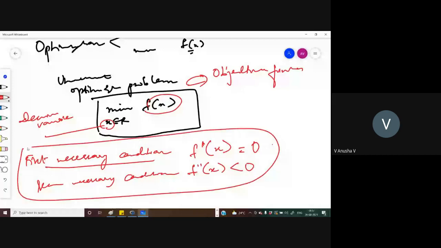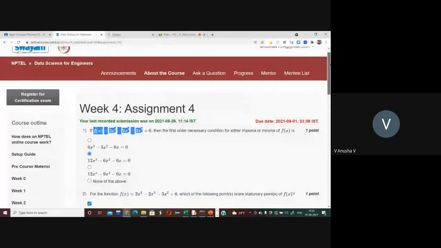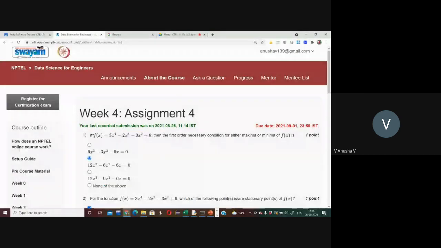So they are asking in our question, this is our equation, f of x equals to 3x power 4 minus 2x cube minus 3x square plus 6. Then the first order necessary condition for either maximum or minimum of f of x is. Okay, let's write the equation and we'll try to solve it.